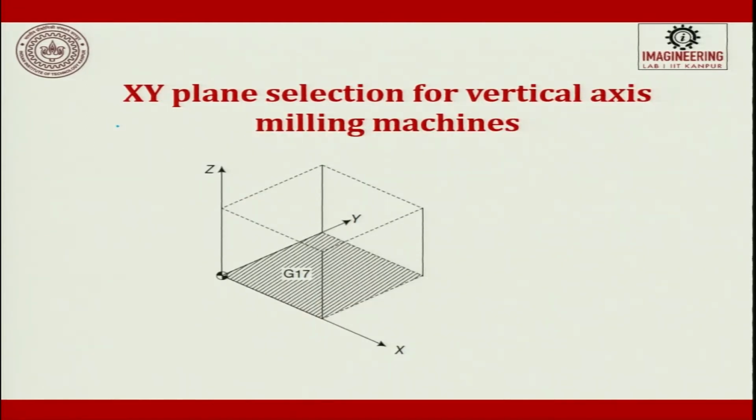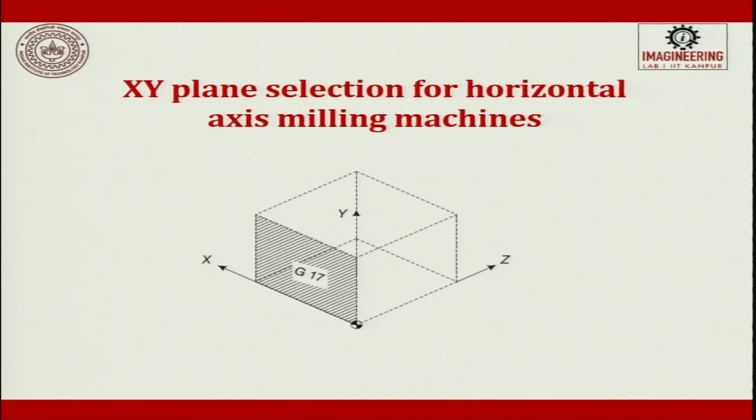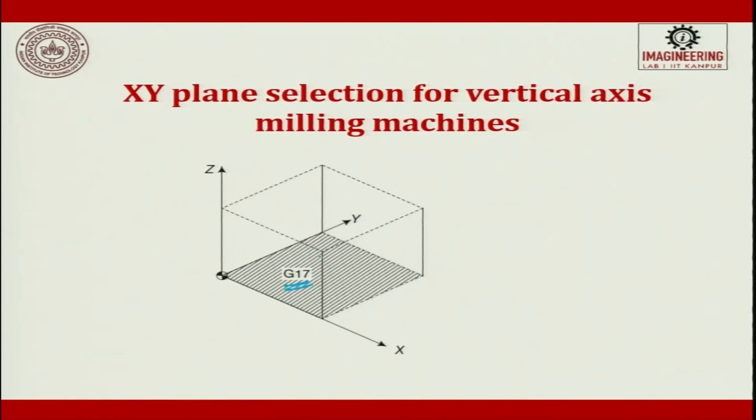Now we are going to see the G17, G18 planes. XY plane selection for a vertical axis milling machine is the G17 code, used for the XY plane. This is the XY plane selection on a horizontal axis milling machine. Please see the difference. This is the XY plane for vertical axis milling machines, the bottom XY plane.